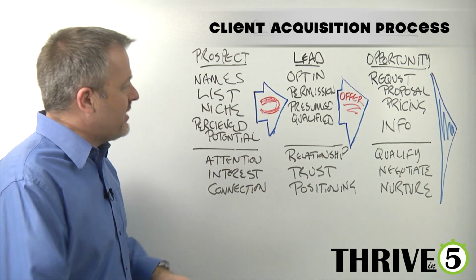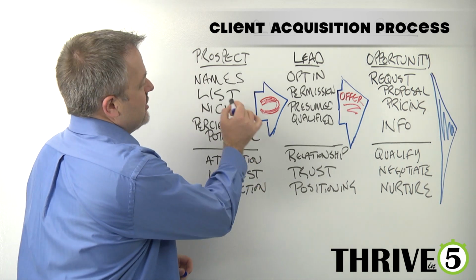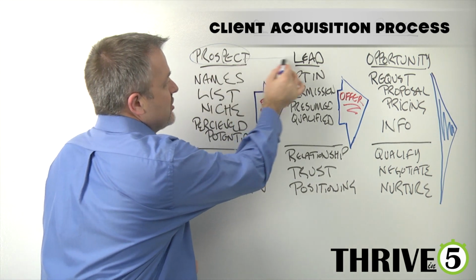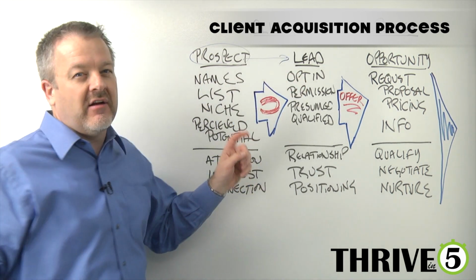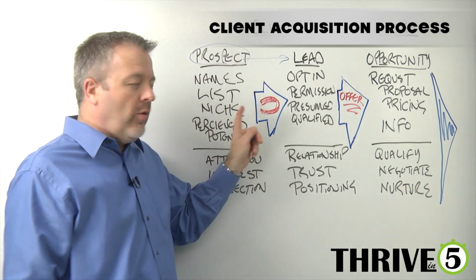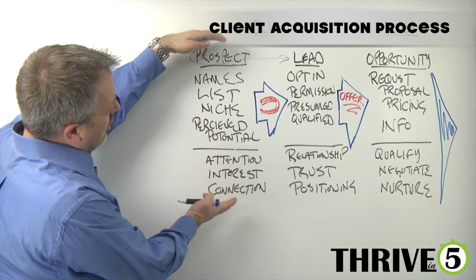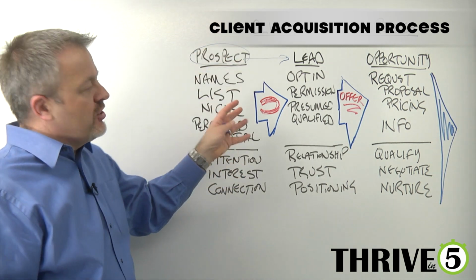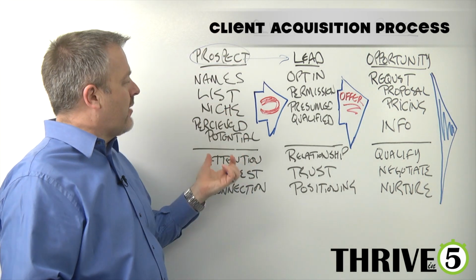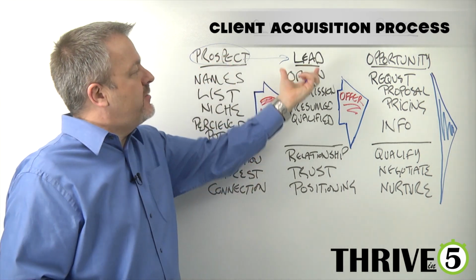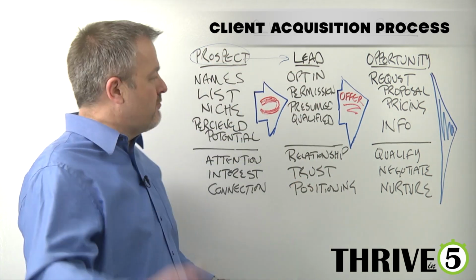Now, the big piece that helps you get them from the prospect stage into the lead stage is right here, and I call it a lead magnet. The whole point about a lead magnet is that as you market to your prospect list, you're using lead magnets to draw people from being a prospect to being someone that you can continue to market to.